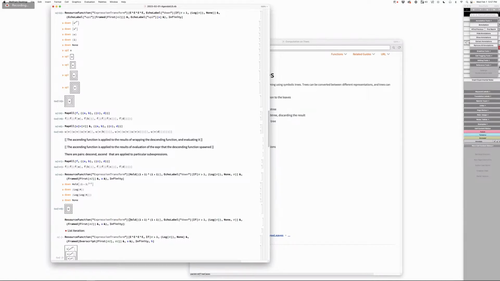Okay, so let's do... Okay, now my idea was, on the way down, I want to add 1, add to 2x plus 1.